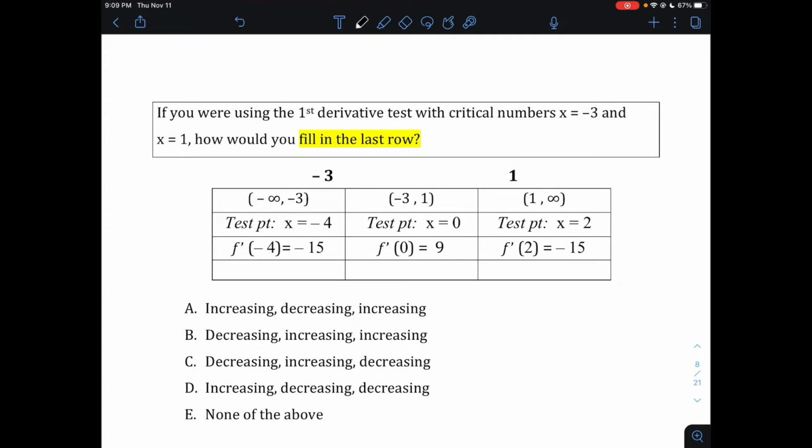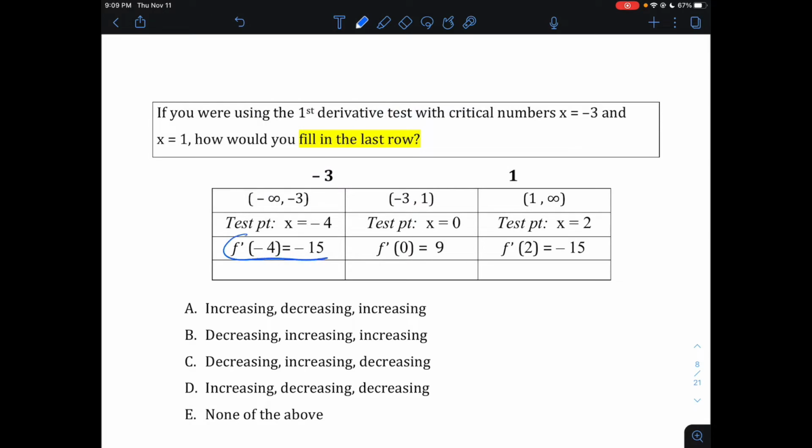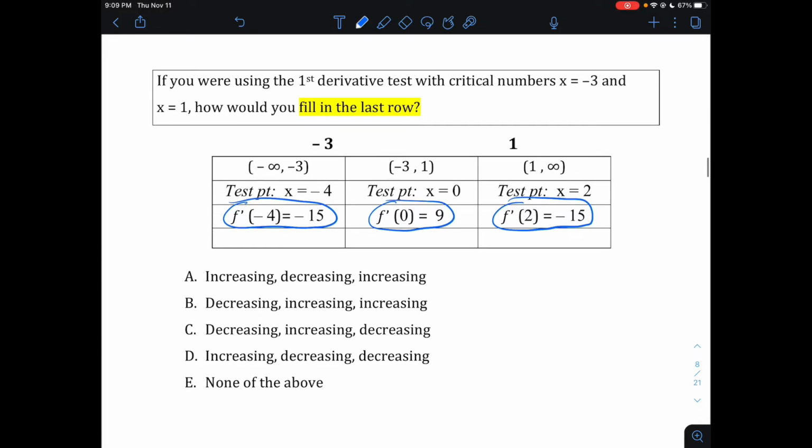So f prime of -4 equals -15. F prime of 0 gives us 9, and then f prime of 2 gives us -15. So of the choices that we see below, how would we fill in that last row?